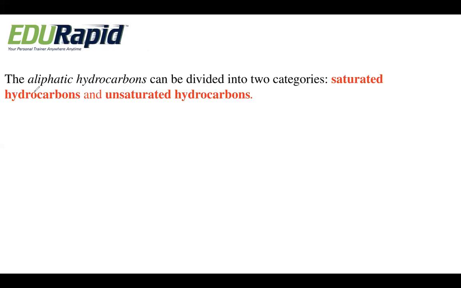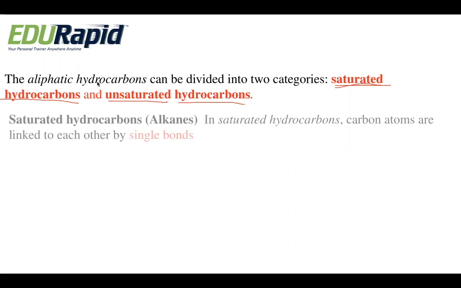The aliphatic hydrocarbons can be divided into two categories. What are those? Saturated hydrocarbons and unsaturated hydrocarbons. So what do you mean by saturated hydrocarbons? Saturated hydrocarbons are also called alkanes.